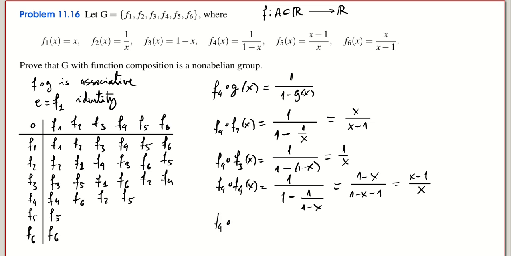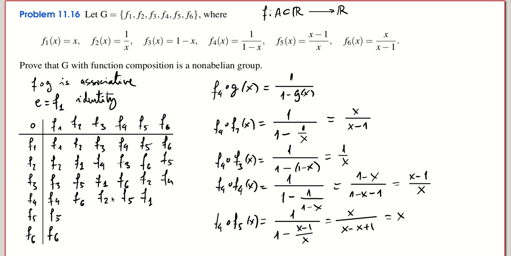We compose with f5. This is 1 over 1 minus f5, which is x minus 1 over x. That is x divided by x minus x plus 1, which is x. So this is f1. So f4 and f5 are their own inverses.